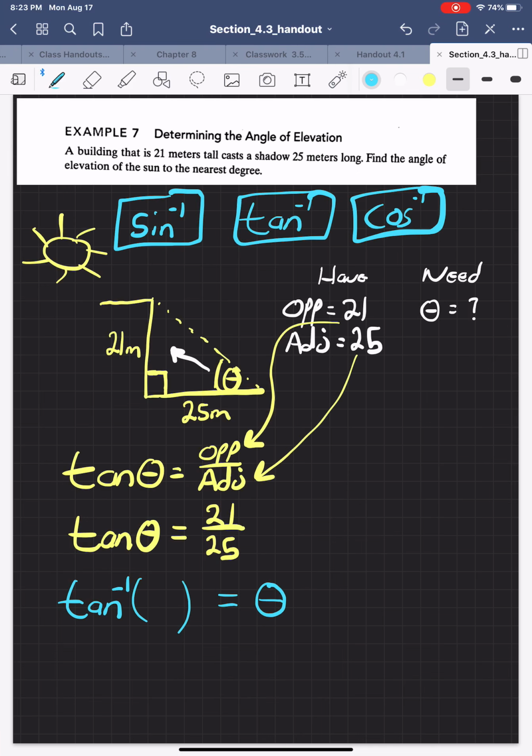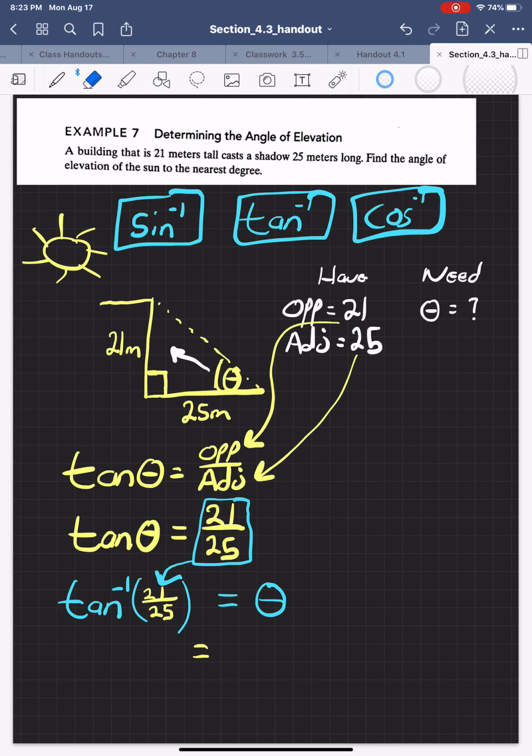But what goes in here? Well, easy enough. It's just the 21 over 25. All right, so at this stage, you just grab your calculator. As long as you can find your tan inverse button, tan inverse of 21 over 25.